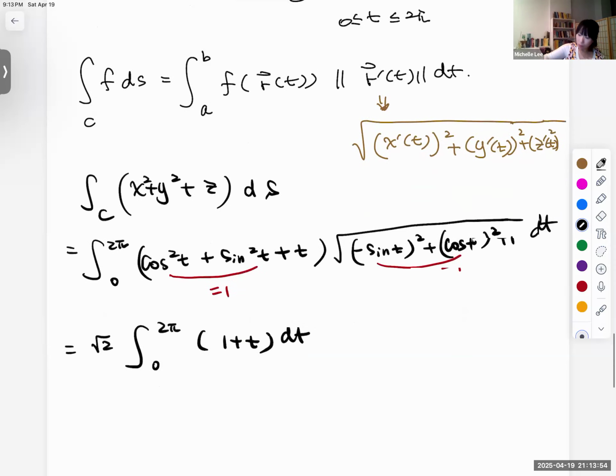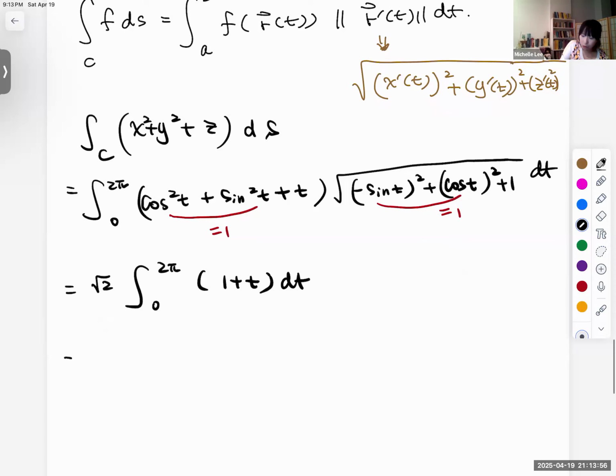Now, the square root of 2. So we want to integrate term by term. So the first term we have t. The second term we have t squared over 2. And then we want to evaluate from 0 to 2 pi, right?